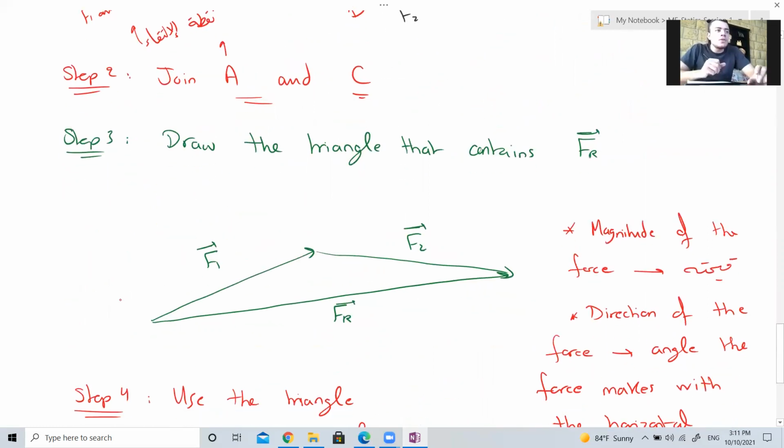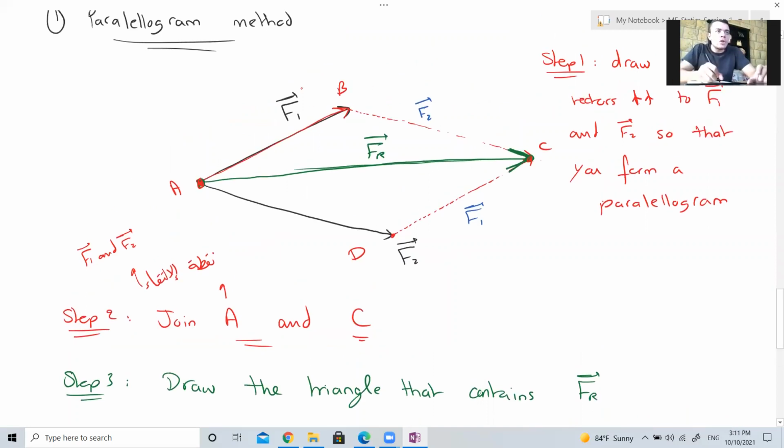Step 3, you need to draw the triangle that contains F1, F2 and FR. And step 4, you need to work with the law of cosine and the law of sine.